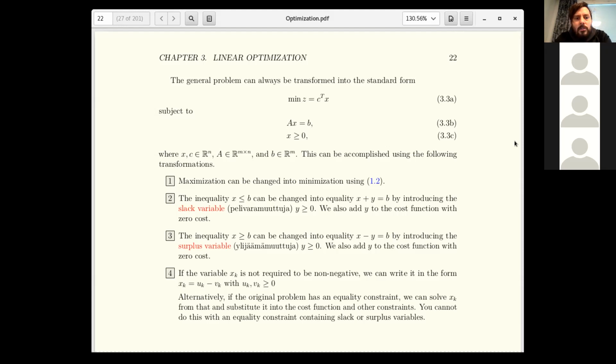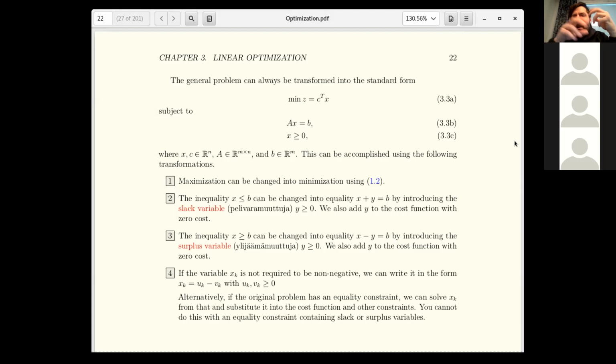Whenever there's a line of inequality constraints, we can add a new variable to that, known as a slack variable, and assume that it's a positive variable. If it's smaller than or equal to b, the new variable may be 0 if it's equal to b, and it's positive if it's smaller than b.